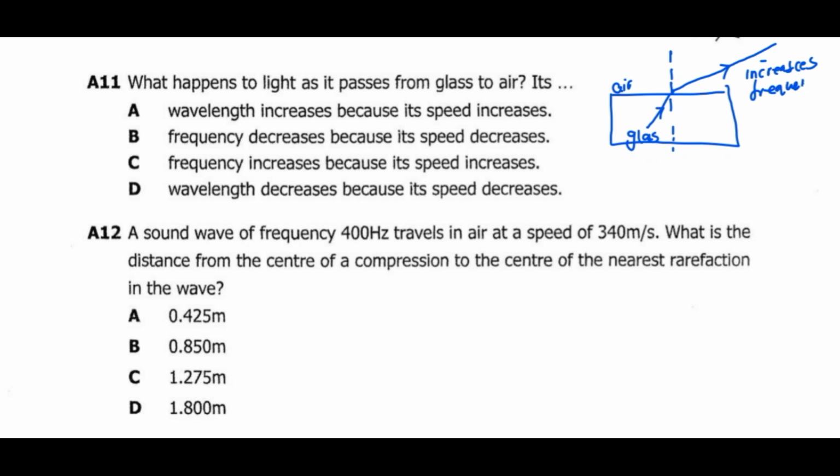Frequency does not change. Then what of the wavelength? The wavelength is directly proportional to the speed, so if the speed increases, so does the wavelength. So the wavelength increases because its speed increases. This is our answer.